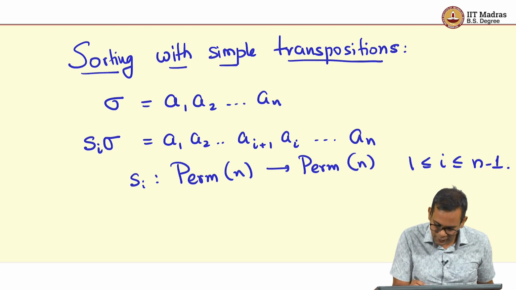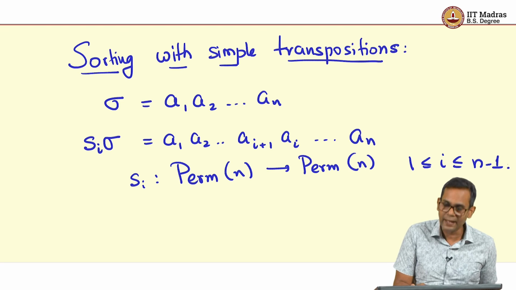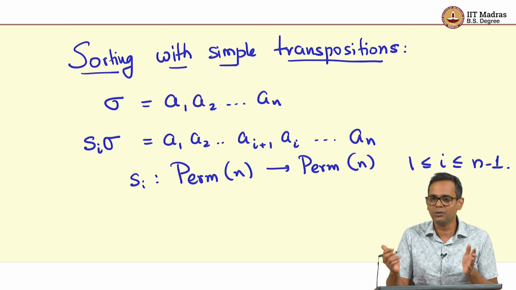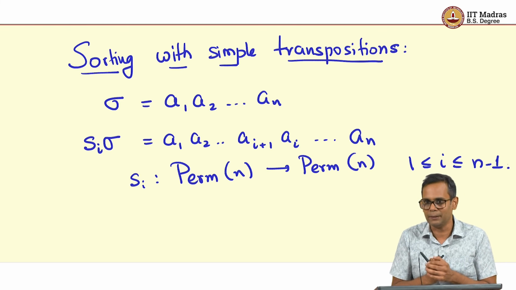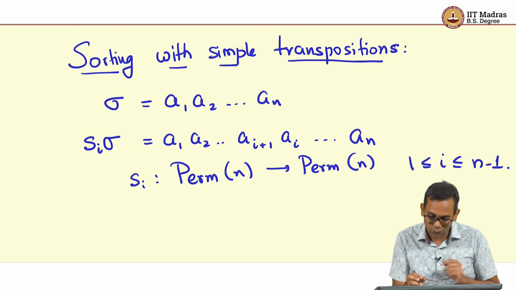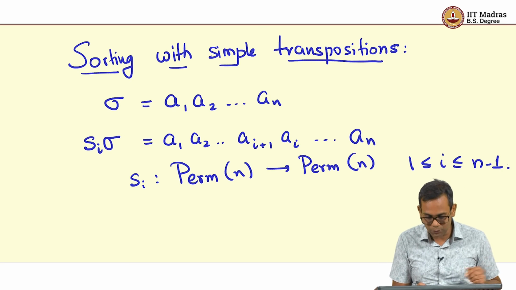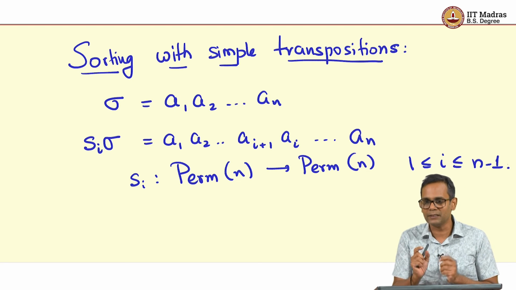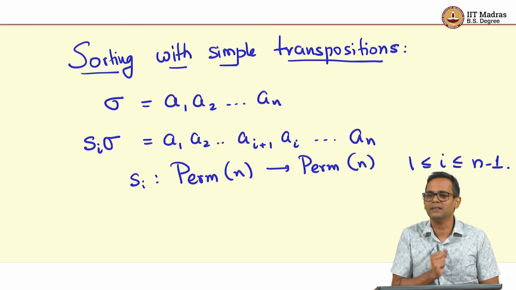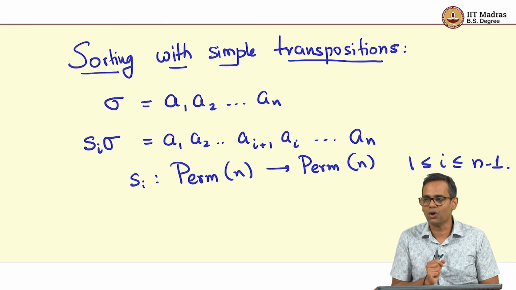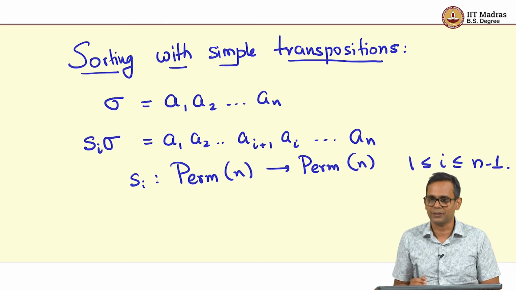In a simple transposition you are only changing two things that are next to each other. You might have inversions involving A_i and A_j that are far from each other, i could be much less than j. But here we are only allowing you to swap things that are next to each other. So, it is not clear a priori that by just swapping things that are next to each other you will be able to sort your permutation.